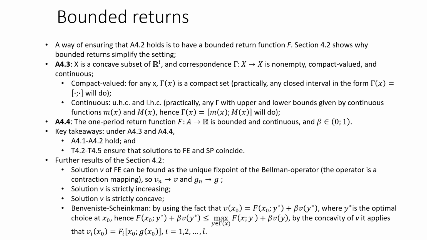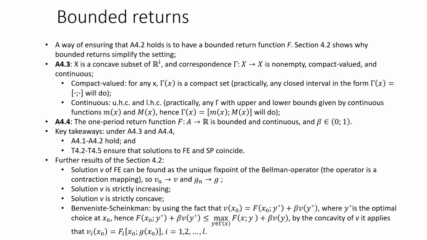So all we need is to set up a problem in which assumptions 4.3 and 4.4 hold, and this solves the problem. So if we have a problem in which everything is formalized, including the correspondence and the return function, in a way that assumptions 4.3 and 4.4 hold, we are going to have a unique and appropriate solution.